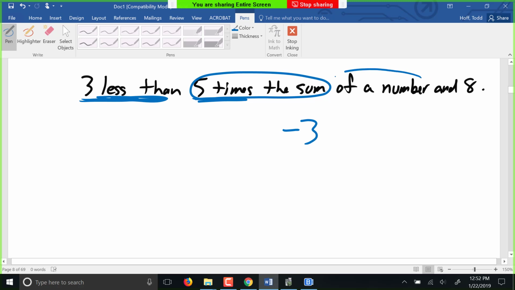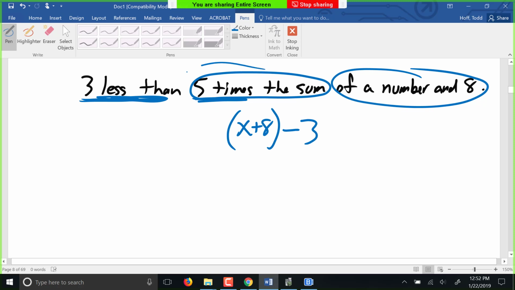So that tells us yes, the x plus 8 first. What do we have to do with that x plus 8? Parentheses, good, because we need to multiply by 5, good. So this is 3 less than 5 times the sum of a number and 8.